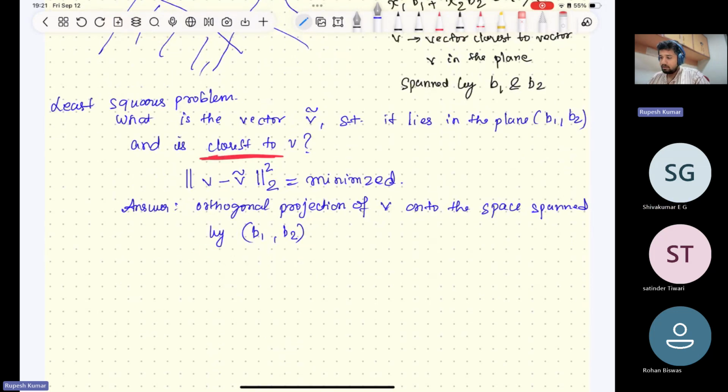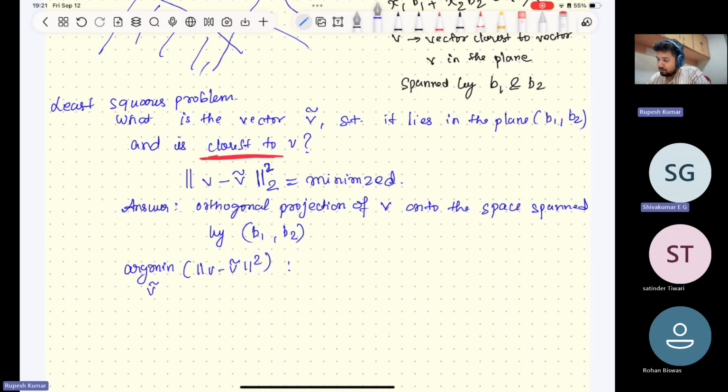Basically, one thing I need to emphasize is that for closest, I am not talking about the exact L2 norm. I'm basically dealing with the squared L2 norm of the difference vector. This is essentially the distance between them. When you minimize, you take the argmin of the norm of V minus V tilde squared with respect to V tilde, and you get the answer.